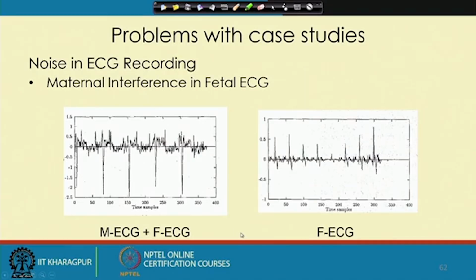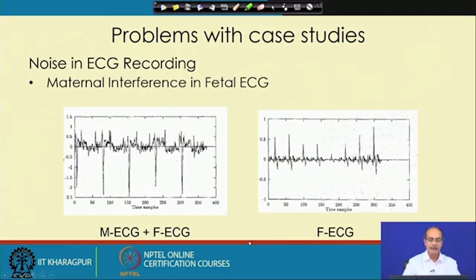Now, in this particular example, we have taken two signals. One is the ECG of the mother, which we write as MECG, and the mother is carrying a baby in the womb, whose ECG is called FECG. We may be interested in the health of the fetus.